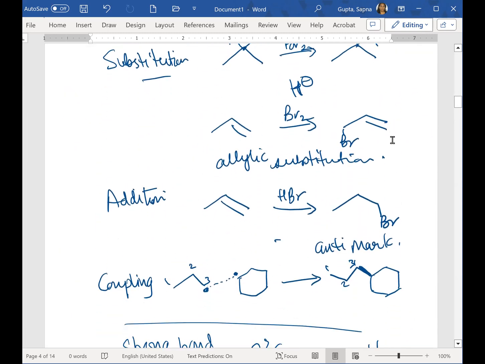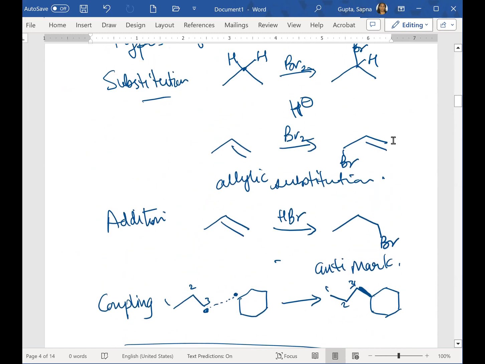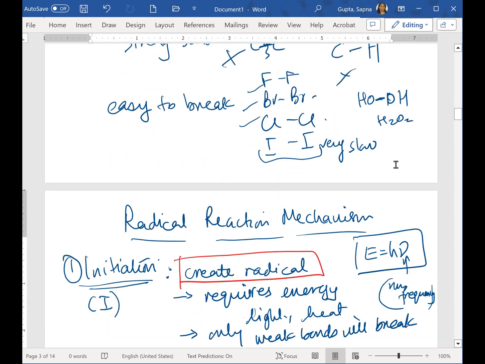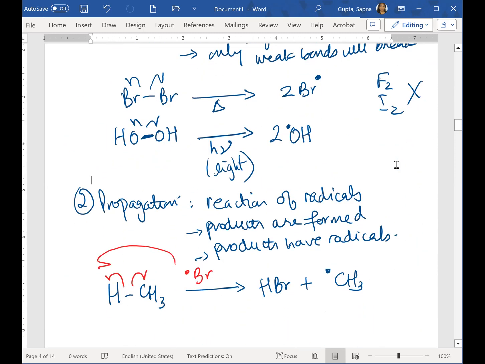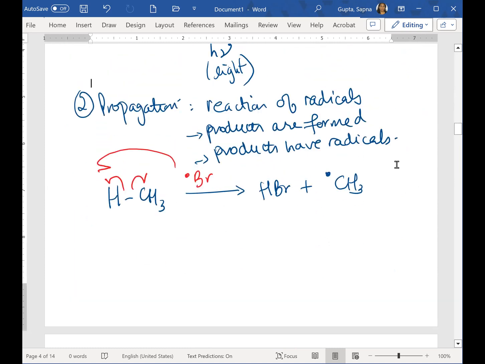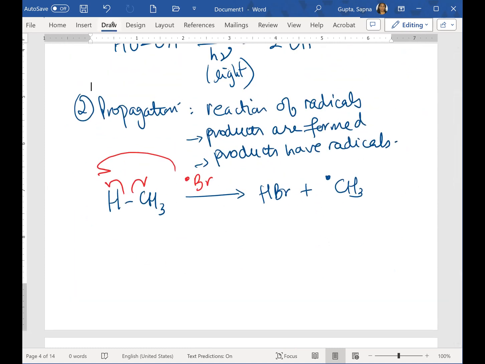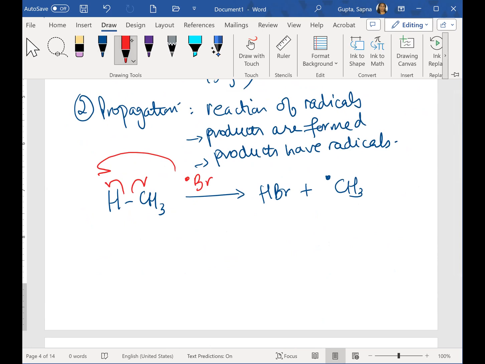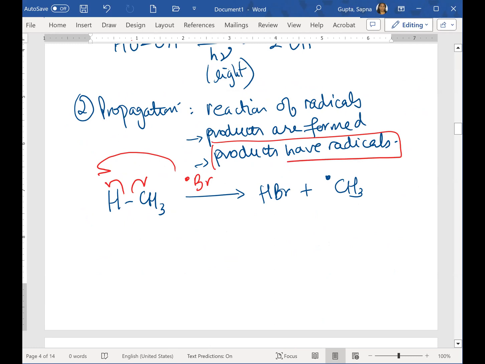All the substitutions and addition and coupling, these are the only ones. Nowhere did I write that any kind of carbon is fragmenting. We're not doing any kind of fragmentation that way. Okay, so this is propagation. So what is the big thing over here? The big thing here is actually not the reaction of radicals, but that the products will have radicals. That's the big thing.